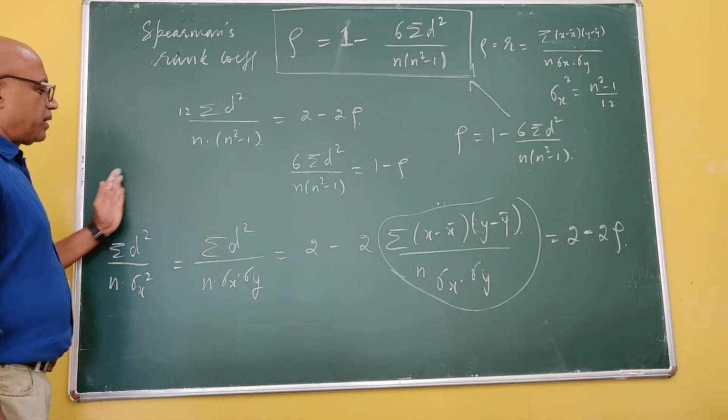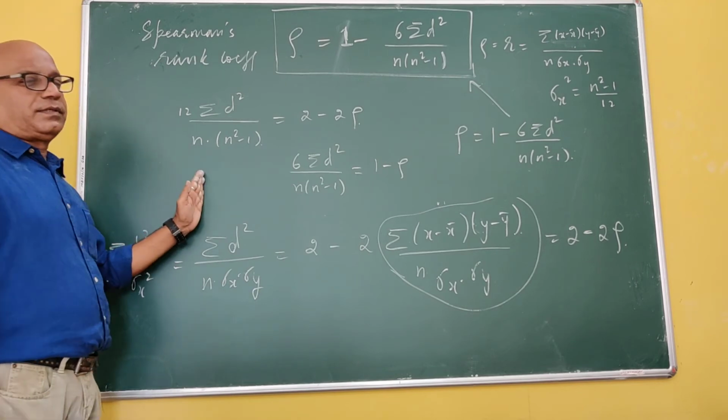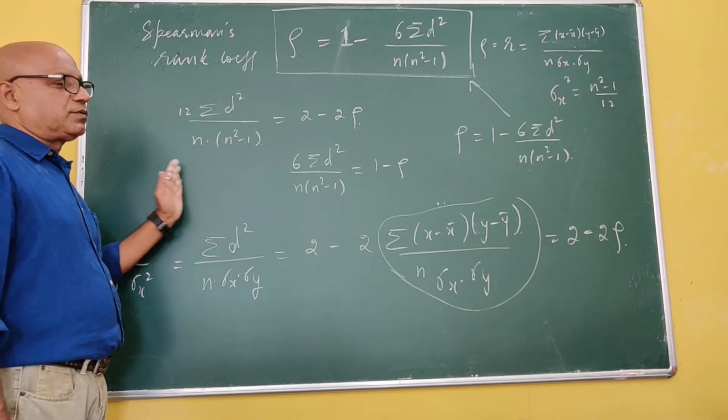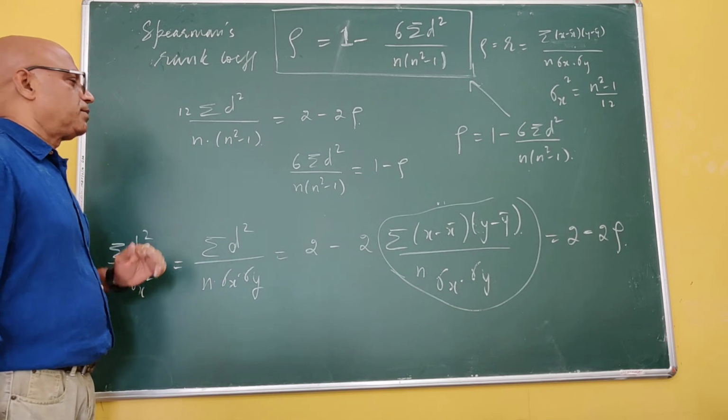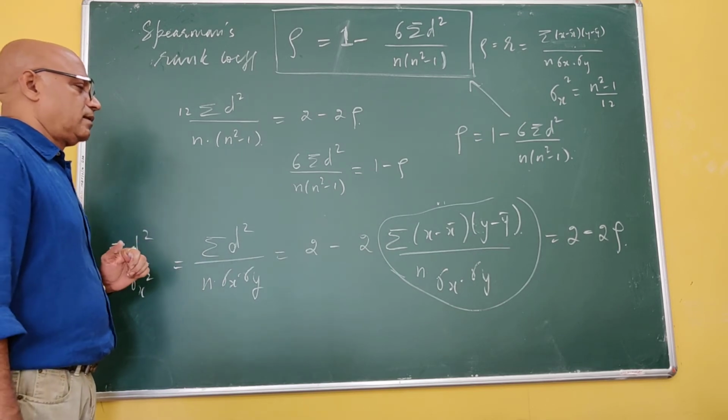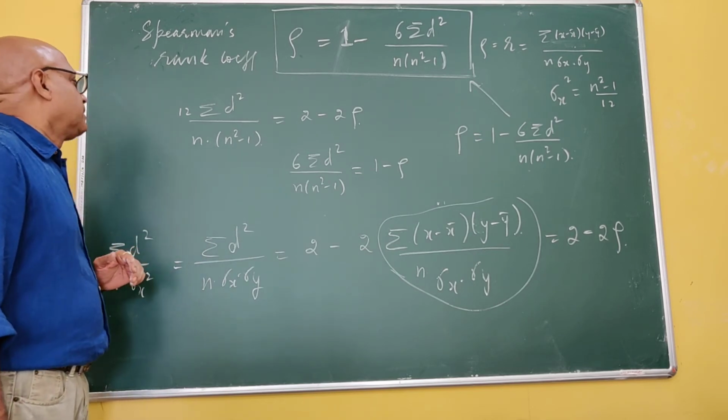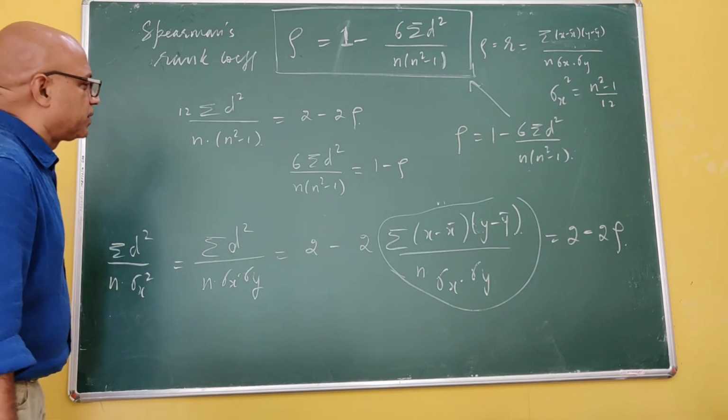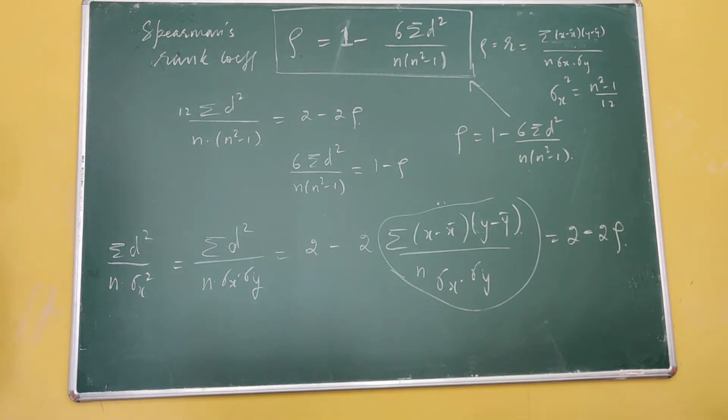So if the ranks are from 1 to 10, all the numbers 1, 2, 3, 4, all the numbers will be covered from 1 to 10 without any repetition. When there are repetitions, we will have a look at it. So without any repetitions, that's what happens with ranks.